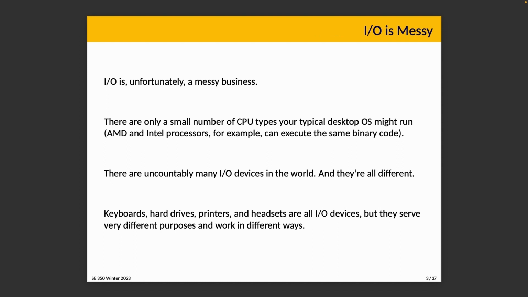There's a very small number of CPU types that your typical desktop operating system might run on. There's ARM architectures, and there's the x86 architectures, and even within those, there's a certain level of compatibility. Intel and AMD processors can execute the same binary code, the same x86 instructions.